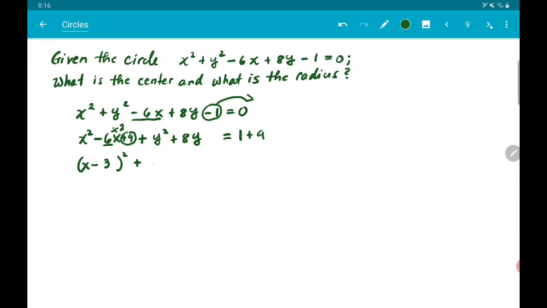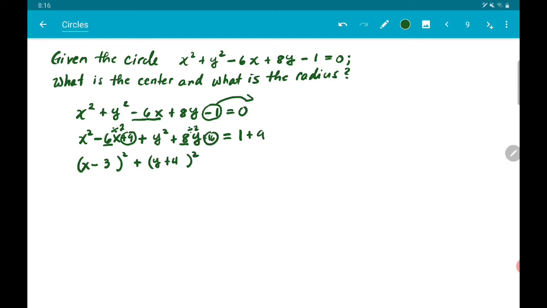Now we're going to do the same thing with y. We just copy y without the exponent. We have an 8 here, so we divide it by 2. 8 divided by 2 is positive 4. Now we square the 4, so it's going to be plus 16.